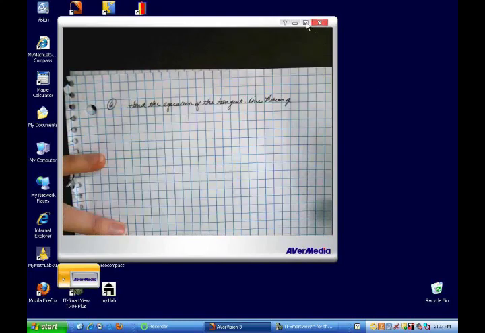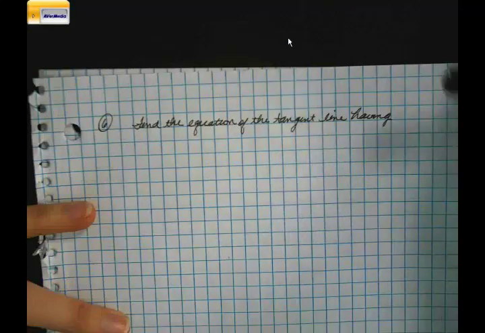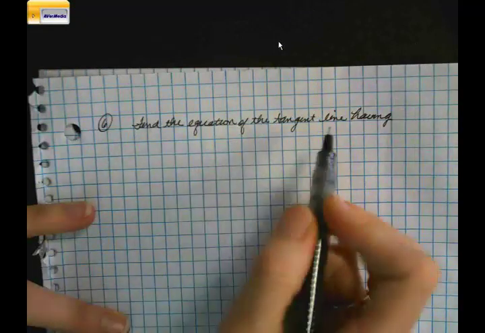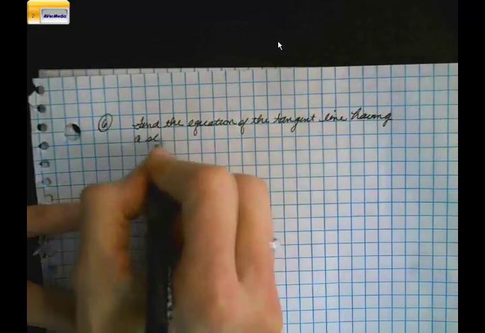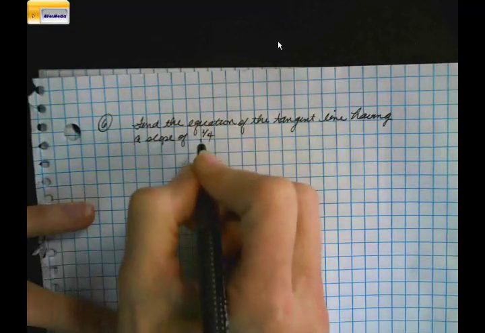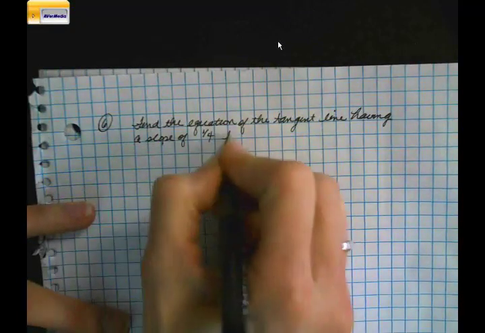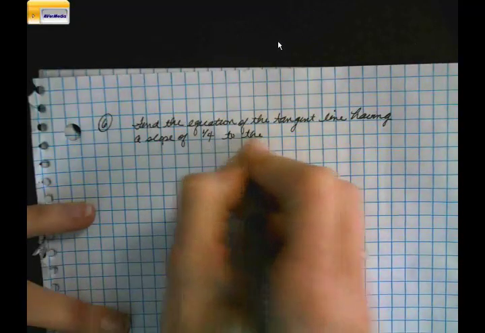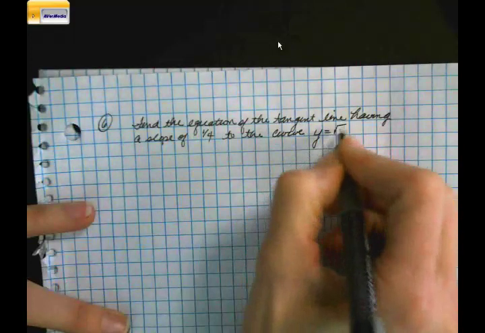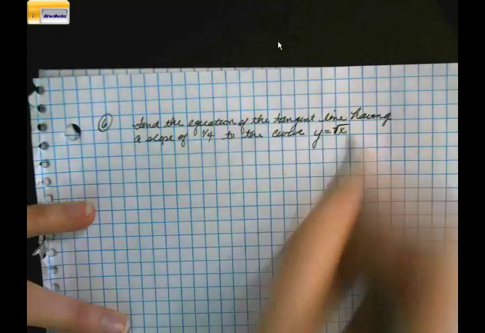yes, I sure can maximize this screen. Remember, that limit's giving you the slope. Find the equation of the tangent line having a slope of 1/4 to the curve y equaling the square root of x.